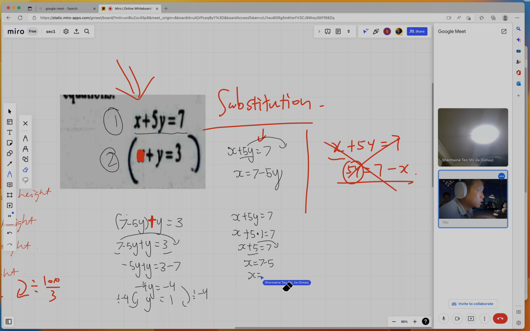Can you use your calculator to double check whether your answers are right or not? How much battery I have? Okay, 10. Very good. Yep, good. So that's how you use substitution.